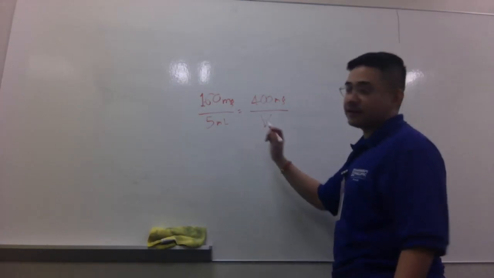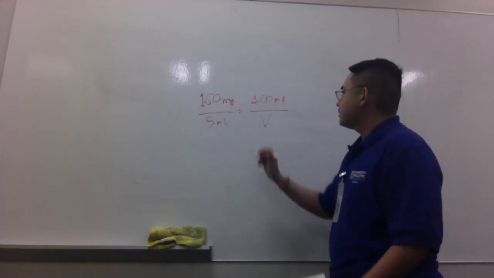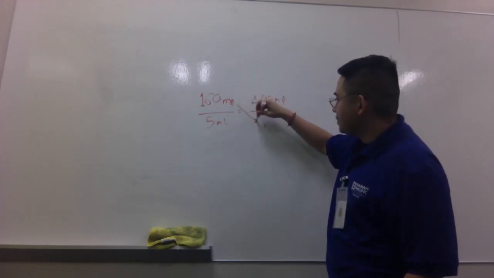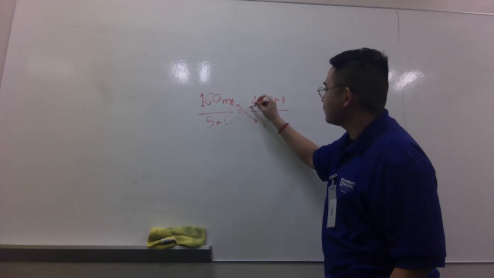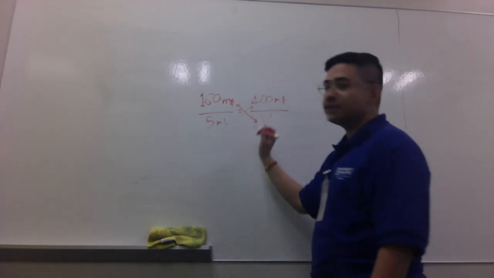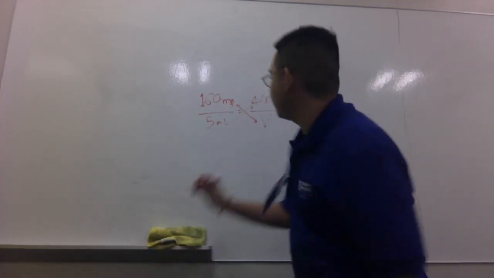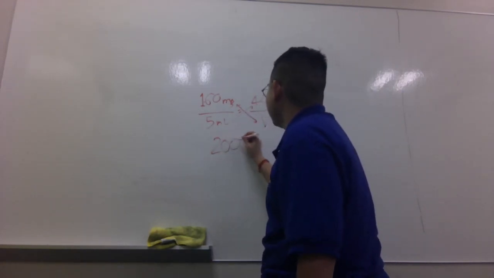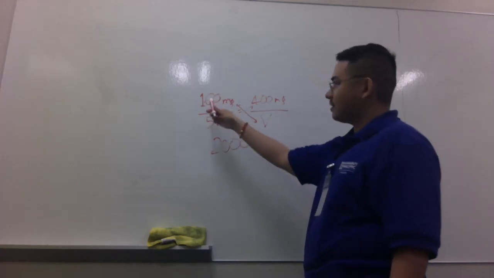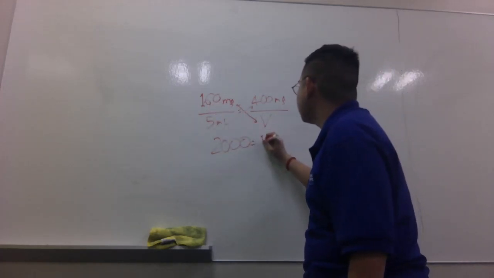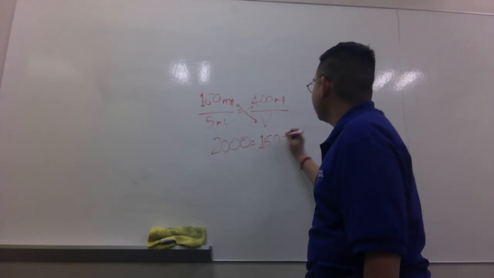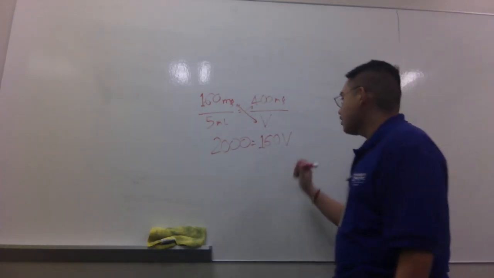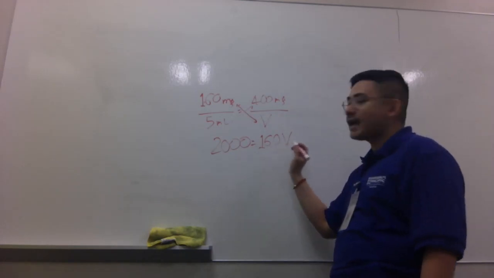Going back to the first question, the first thing you do is pretty much cross multiply. So this times this, and then this times this. 400 times 5 is, oh no, sorry, 400 times 5 is 2,000, equals this times the variable, so 160 V. Now, to get the variable itself, you divide only by the number that has the variable.